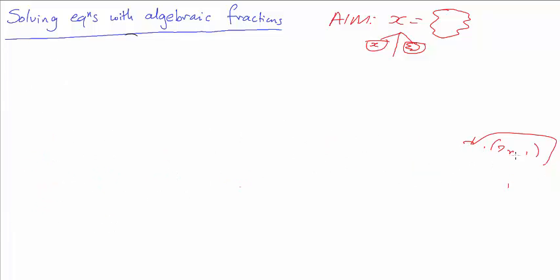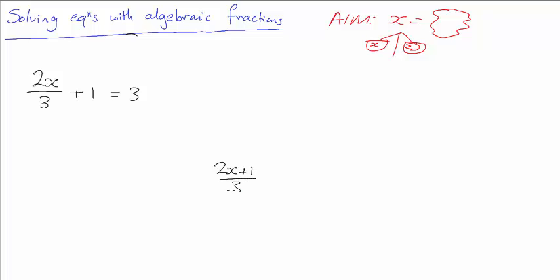Right, so question 3 now coming up. So notice this is a little bit different. On the last one, you noticed we had 2x plus 1 over 3. Now this is different because only the 2x is being divided by 3.